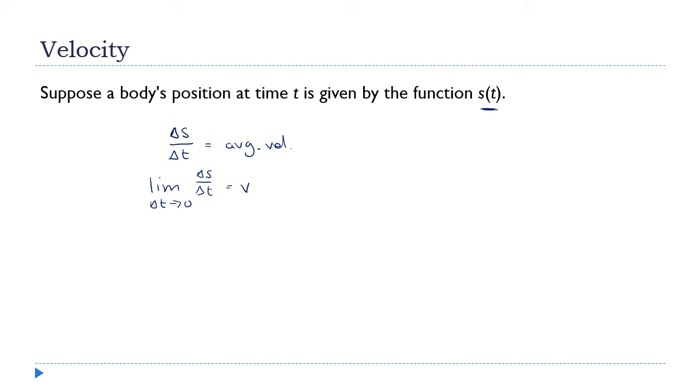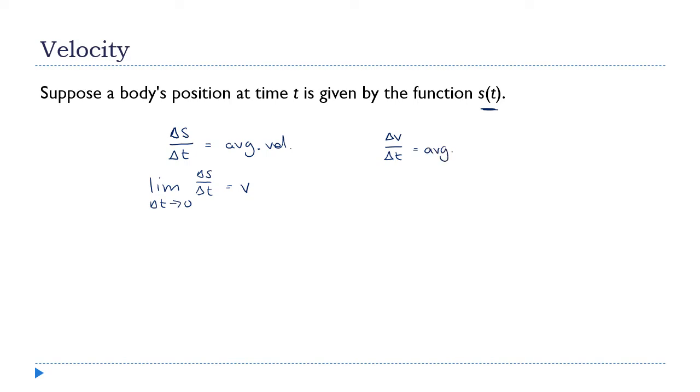Now we can take this a step further. Suppose we go to the next step. What is the rate of change of velocity? Well, let's take a look at that. I'm going to do the change in velocity divided by the change in time.